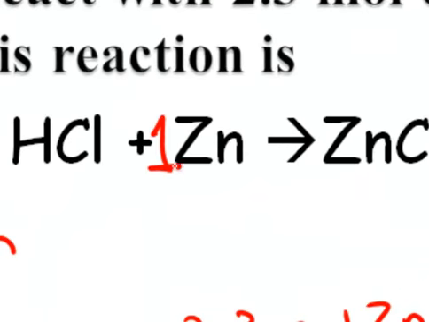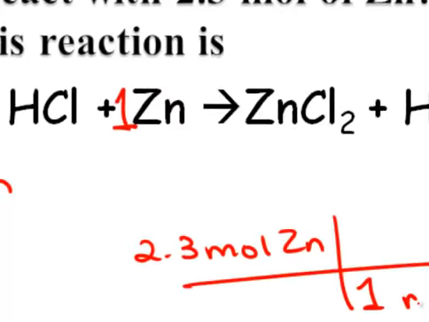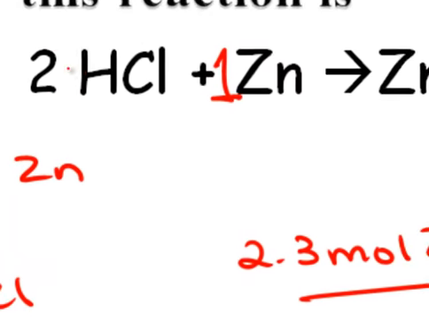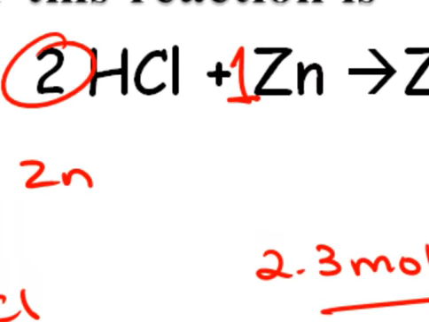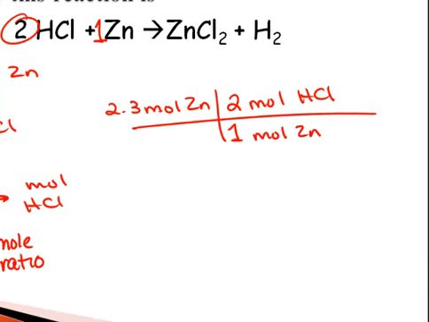I have 1 mole of zinc in my balanced equation. And the coefficient 2 in front of HCl tells me I have 2 moles of HCl. Moles of zinc cancel out. I'm left with moles of HCl, so it's 2.3 times 2, or 4.6 moles of HCl. And I check, I have 2 significant figures here, and 2 significant figures here.